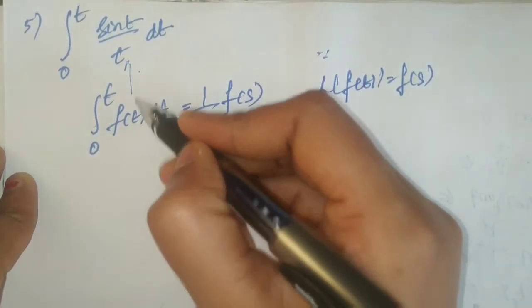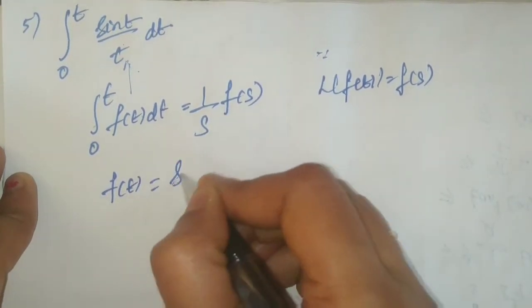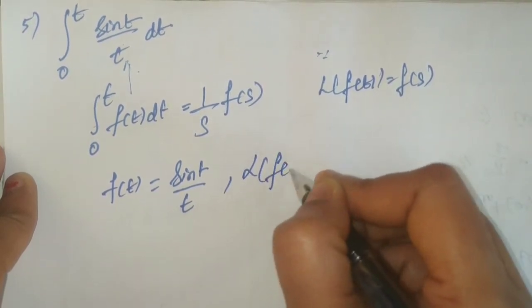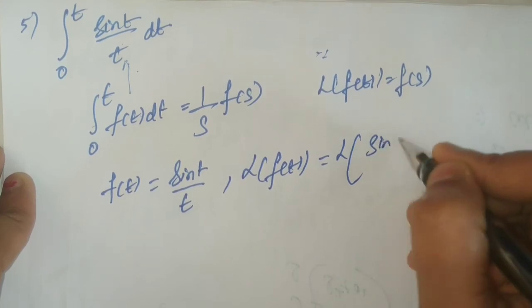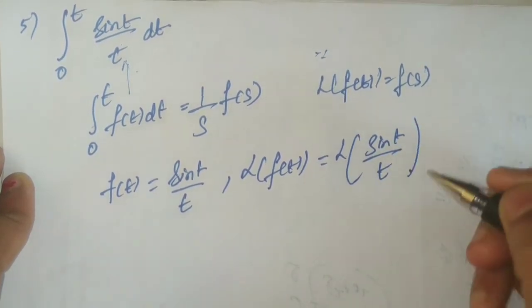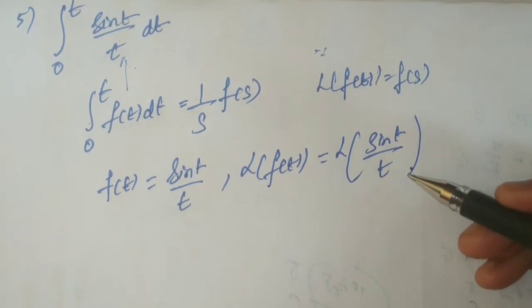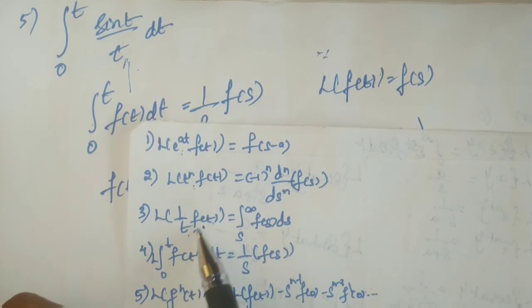Compare with both the functions, right? f of t is nothing but sin t by t. Take Laplace of f of t. So it is Laplace of sin t by t. You can see sin t by t is of type 3, f of t by t.